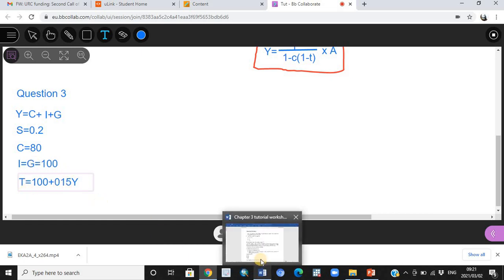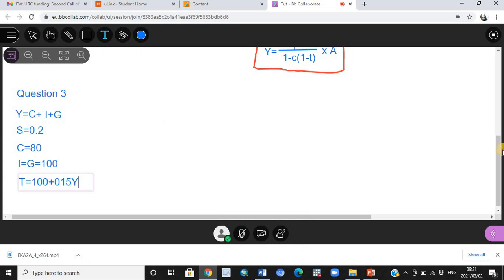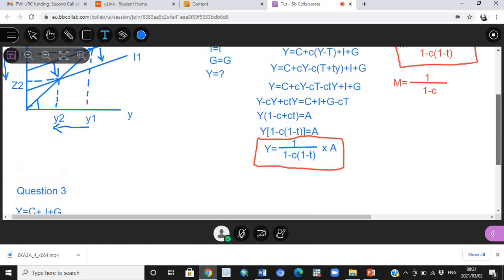What are they saying now? They are saying calculate the size of the multiplier. Now we know that the multiplier is equal to, I'm just going to come here and get it. This is our multiplier.